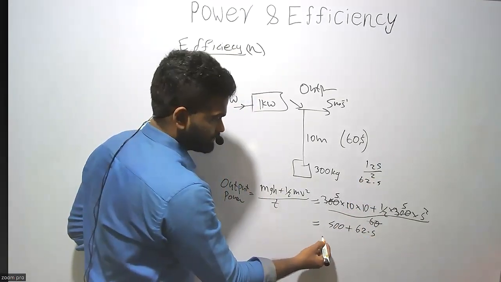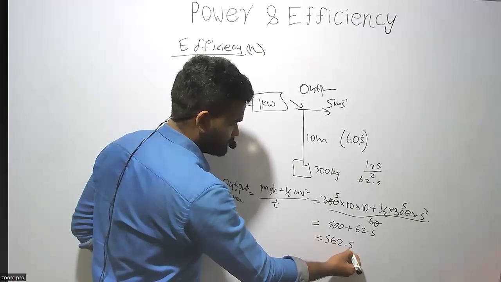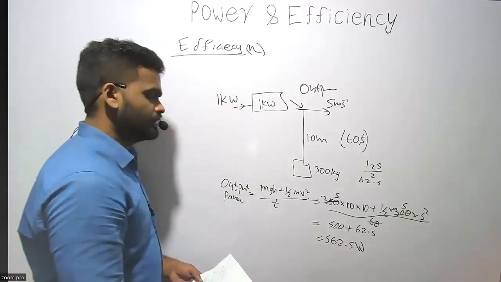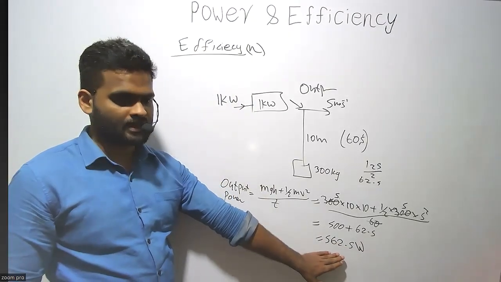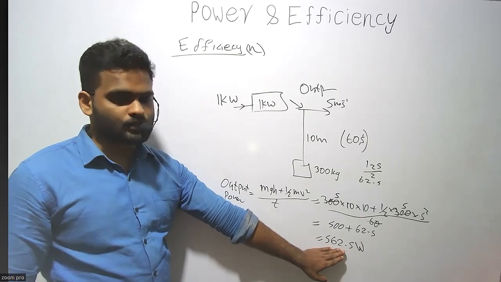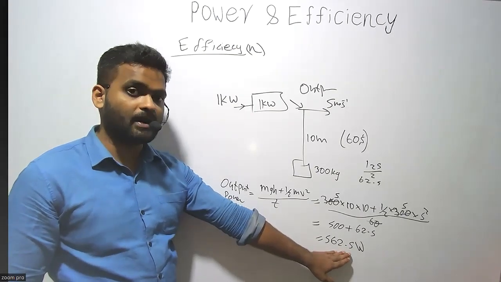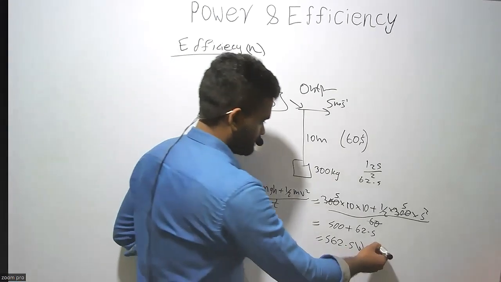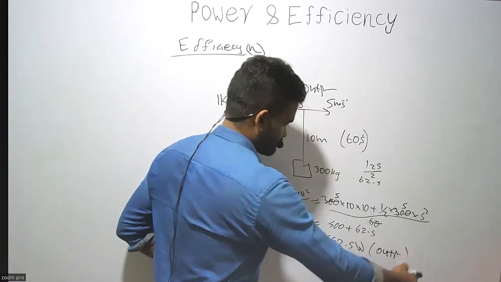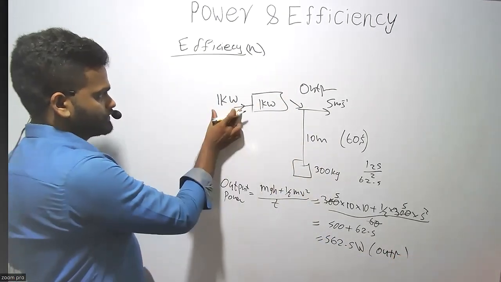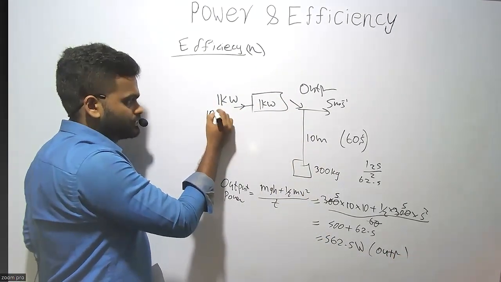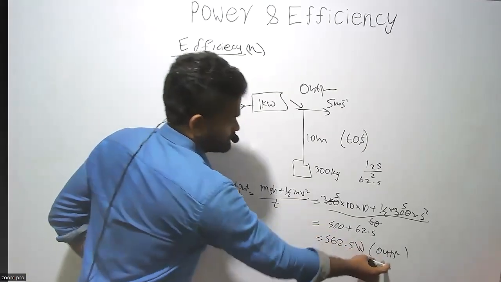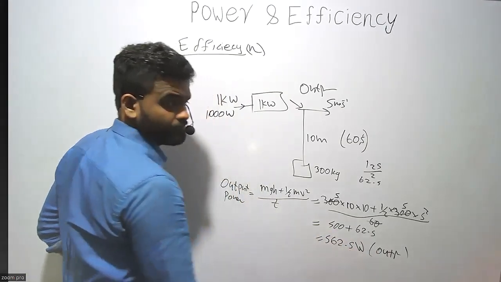What do you get? 562.5 watts. What is this? This is the output, the useful power. So the input is 1 kilowatt, that is 1000 watts. Output is 562.5 watts.